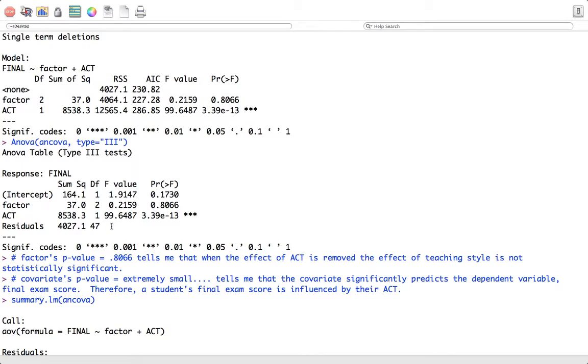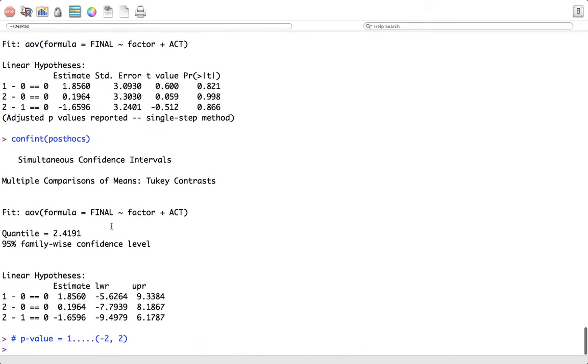And then for the treatment, that will be under factors, so that's going to be 37.0 plus 4027.1.